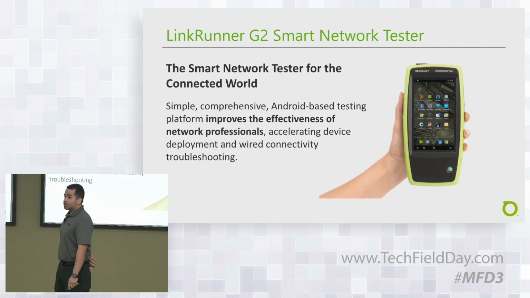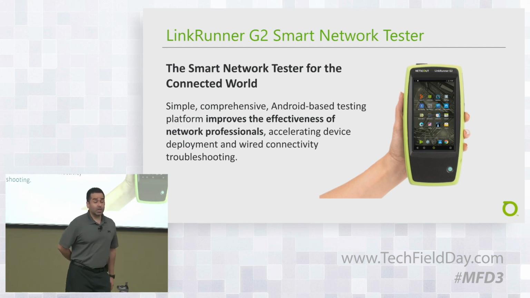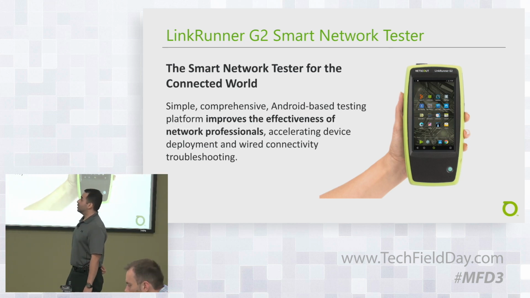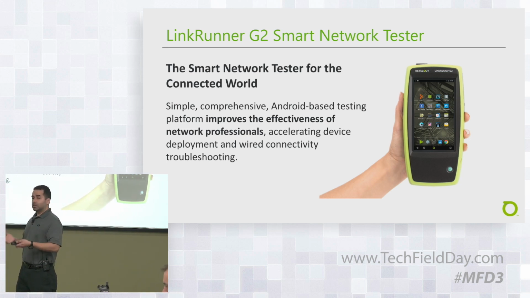Then, besides that, another tool that you may or may not know about, and this one is fairly new, was released last year in October, if I remember correctly, is the LinkRunner G2, or what we like to call the Smart Network Tester. And the LinkRunner is more of a wired tester.